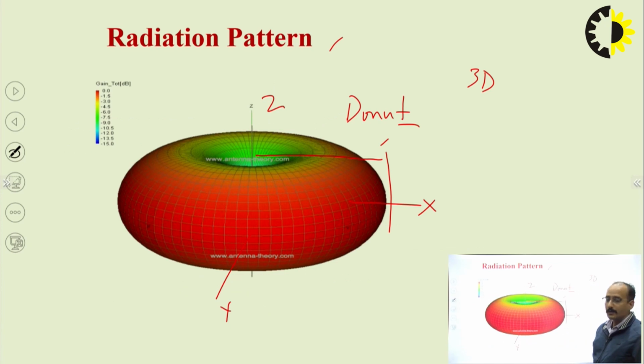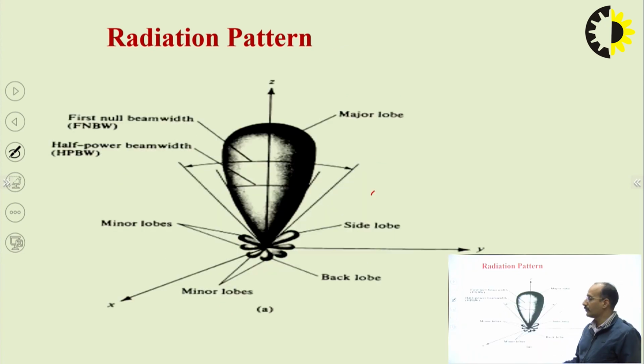Again, here you can see this is a 3-dimensional but bidirectional radiation pattern, and this one is a unidirectional radiation pattern. There are various types of antenna as per the radiation pattern: unidirectional antenna, bidirectional antenna and omnidirectional antenna.